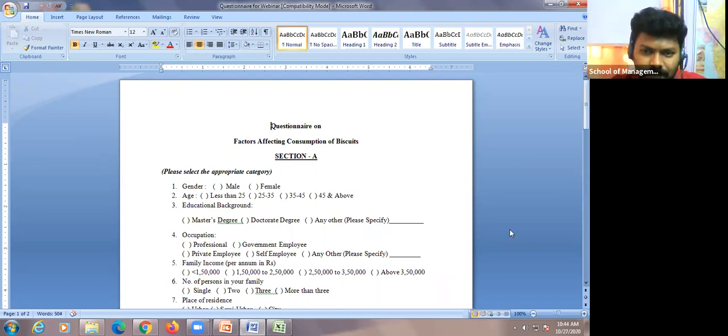Now suppose for your sample size you decided that you have to get data from a minimum of 200 respondents. Okay, fine. Then if you want to get the data directly, you have to take printouts of 200 questionnaires like this. Yes or no?